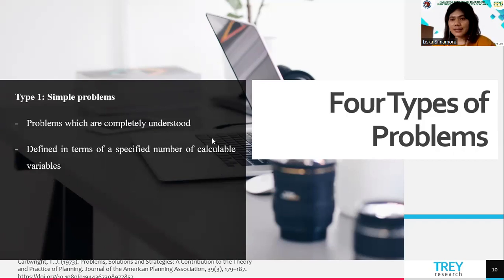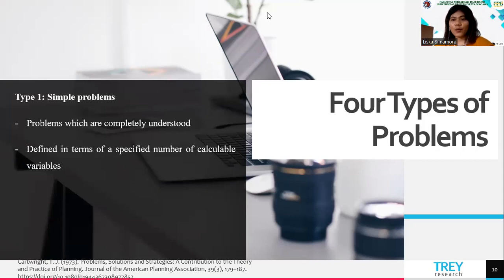So what is the keyword here you need to highlight? Before that, here, completely understood. What does it mean? Not because this is so simple, but because this is complete, that is completely understood. That is why we call it a simple problem.